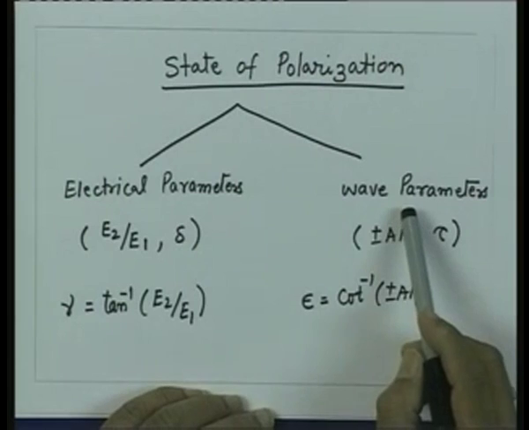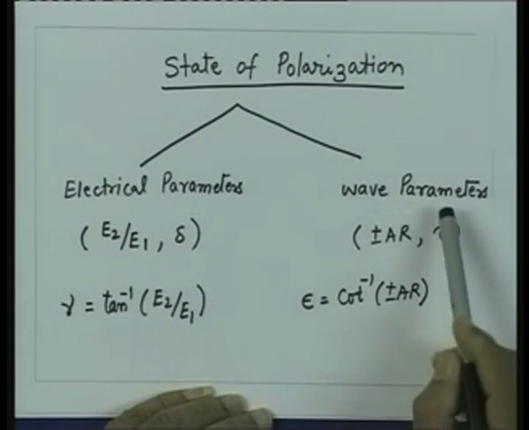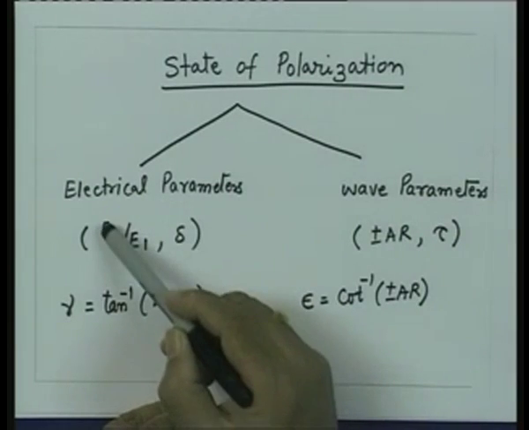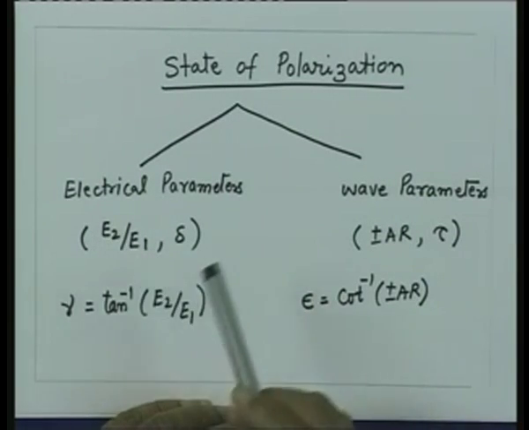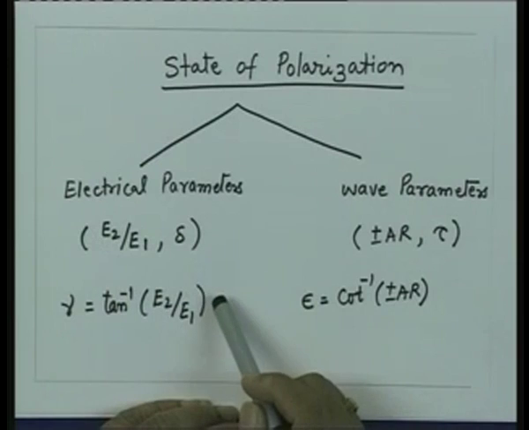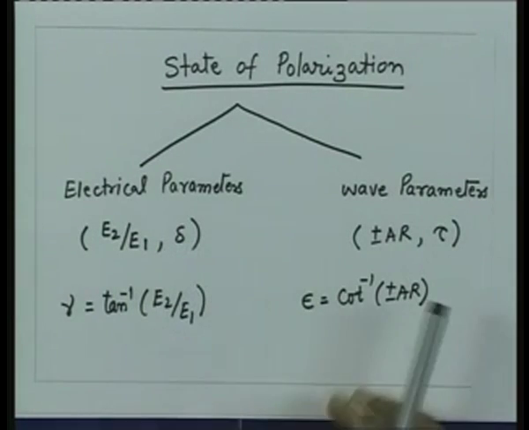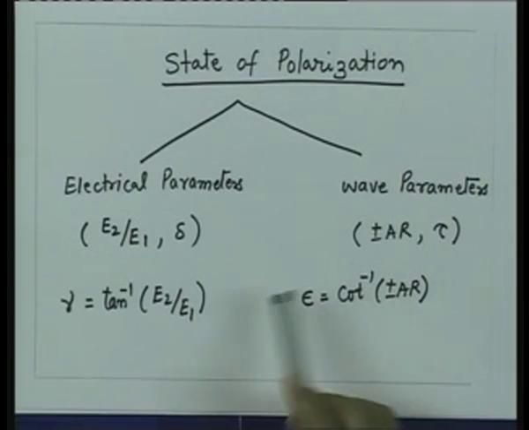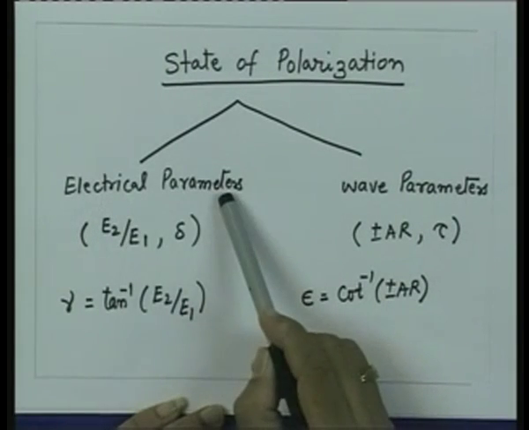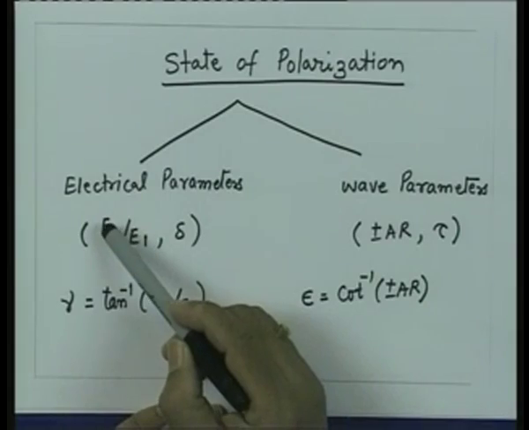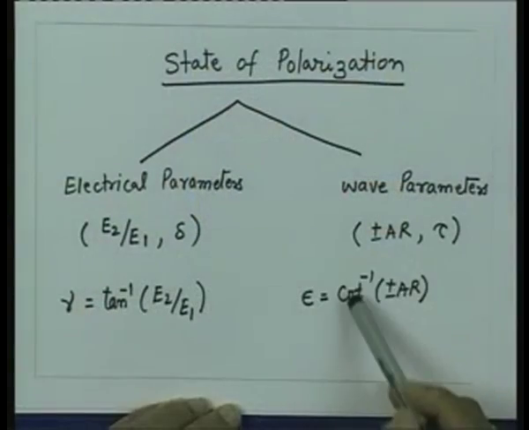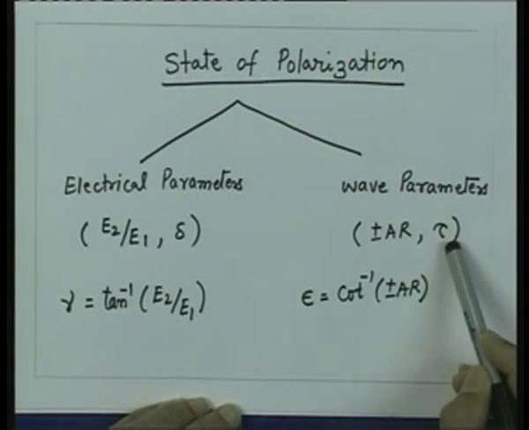Also, we saw that there is a unique relationship between these wave parameters and the electrical parameters, that is the ratio of the amplitudes of the electric fields of the Ex and Ey components and the phase difference between them. So, a state of polarization can be defined either in terms of the electrical parameters, the ratio of E2 and E1 and the phase difference delta, or the two parameters of the ellipse, the axial ratio and the tilt angle tau.